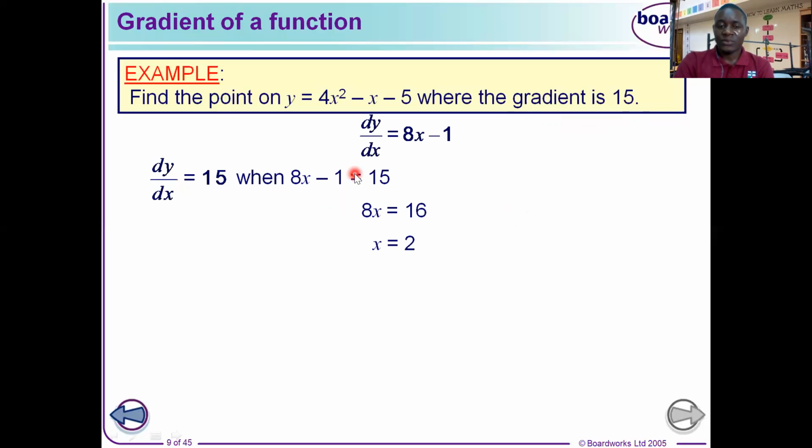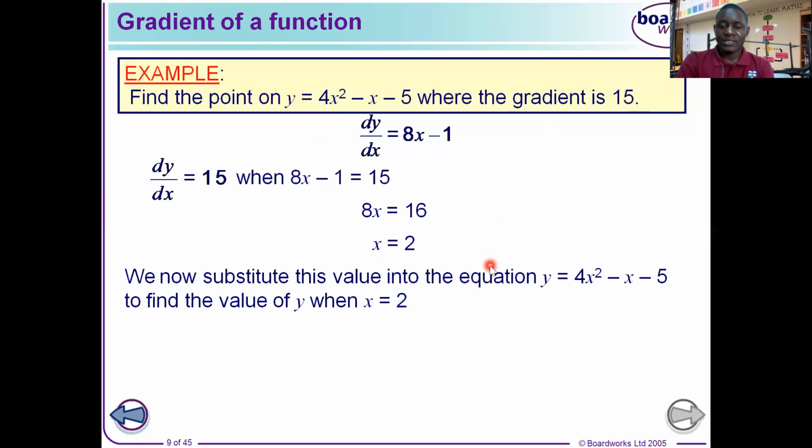Now remember, we are looking for the point. The point consists of an x value and a corresponding y value. It must be written as a coordinate point when found. So we have already found the value of x. Now we need to find the value of y. What we'll do is substitute the value of x as 2 into the original y function. So when we do that, we have y equals 4 times 2 squared minus 2 minus 5.